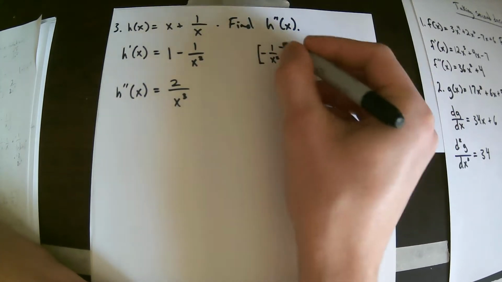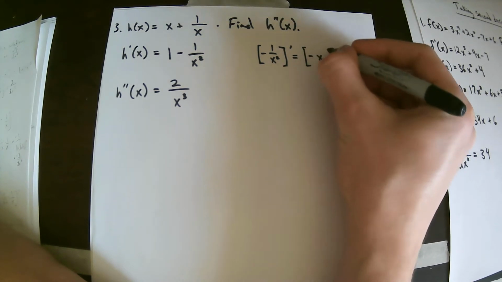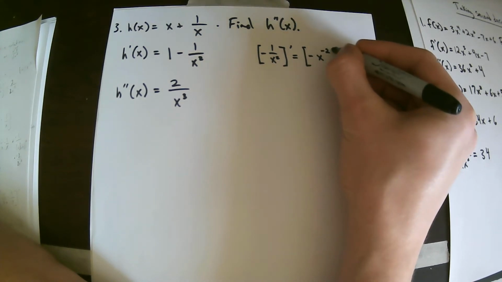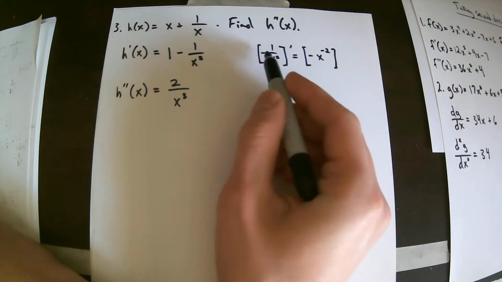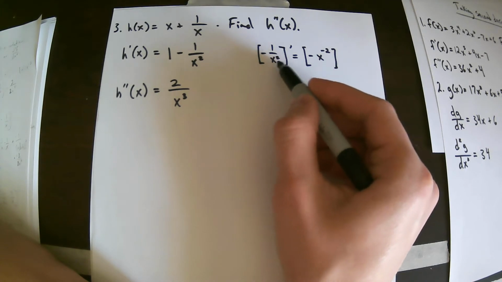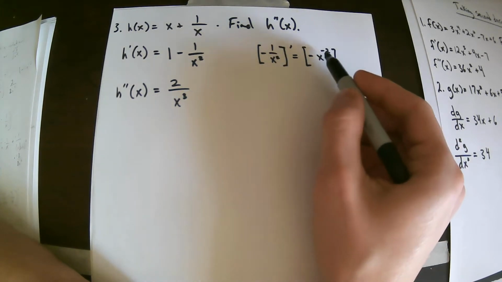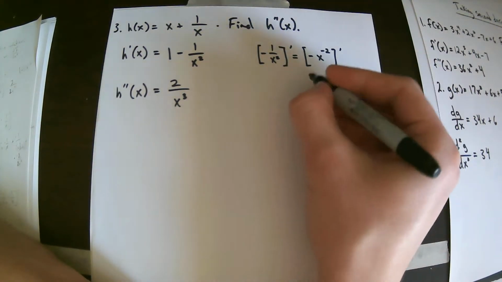the derivative of negative 1 over x squared, well, that's the same as the derivative of negative x to the negative second power. Remember that the power in the bottom for a rational function is the same as a negative exponent. So I haven't taken the derivative yet.